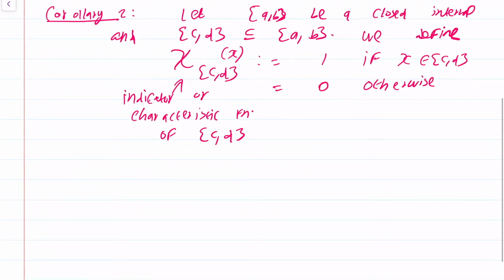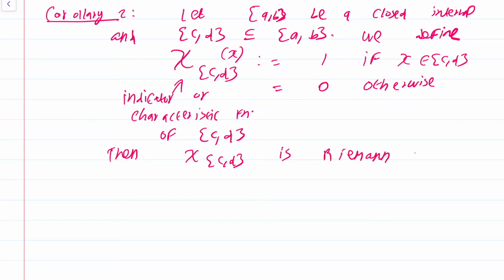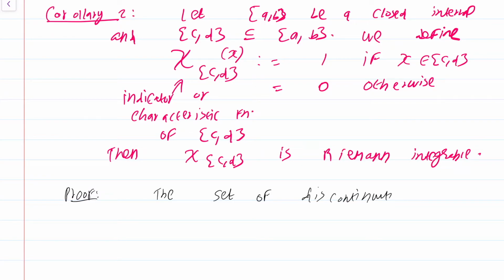Okay, then chi of [c, d] is Riemann integrable. Now the proof of this is just one line. Proof: the set of discontinuities of chi of [c, d] is a subset of these 2 points c, d.